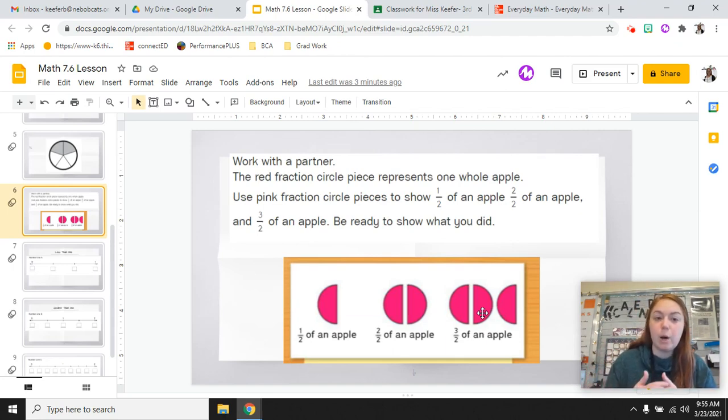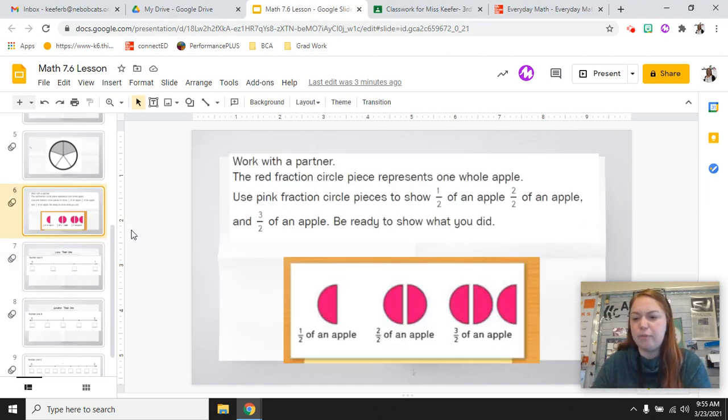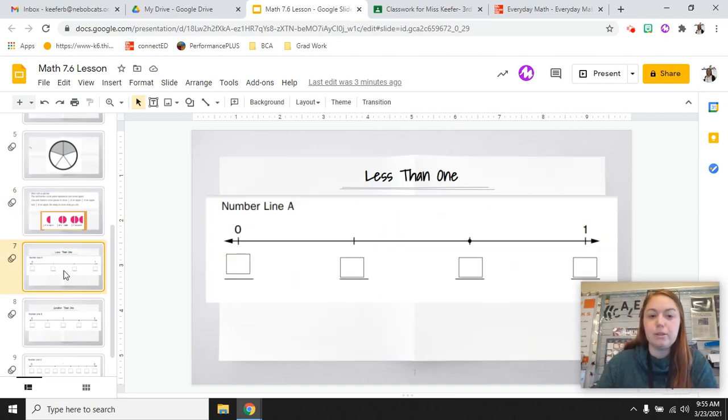That's where number lines are very helpful, because they help organize the way that fractions look, and it's a little bit easier than looking at them with fraction circles or fraction strips. So this is problem number 1, number line A, on page 232. Okay, so this is where we're going to start. I need you to turn to page 232.